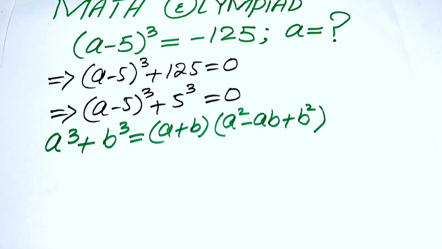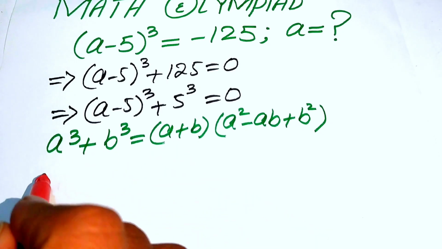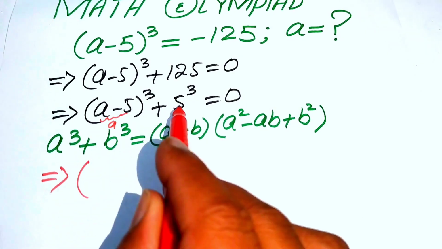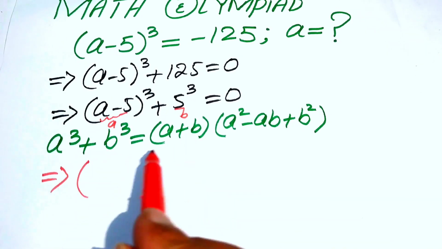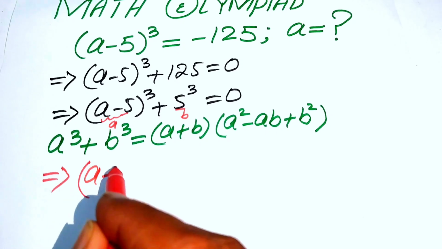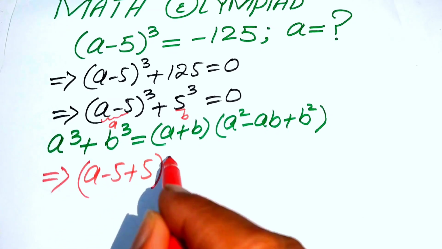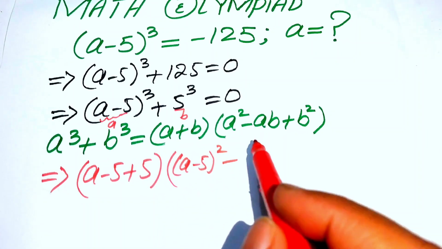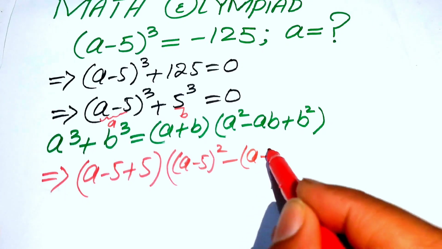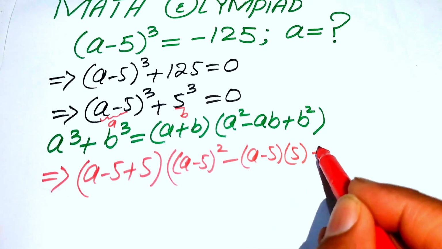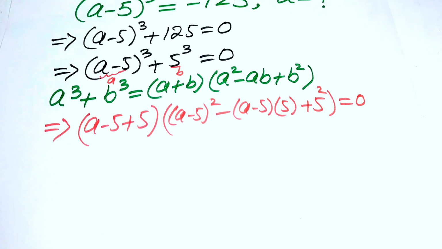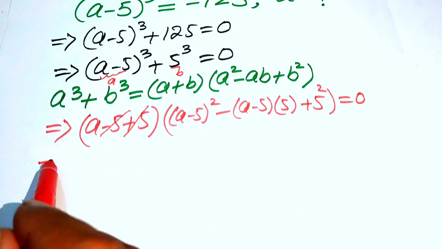So we use this cubic formula in the above term, and after using this formula, because here our a is a - 5 and the value of b is 5, we put these two values in this formula and we get (a - 5 + 5) times ((a - 5)^2 - (a - 5)(5) + 5^2), and this whole equation equals 0.